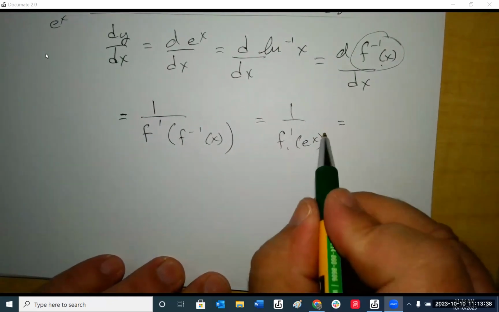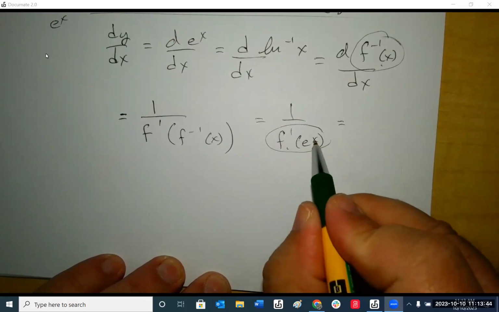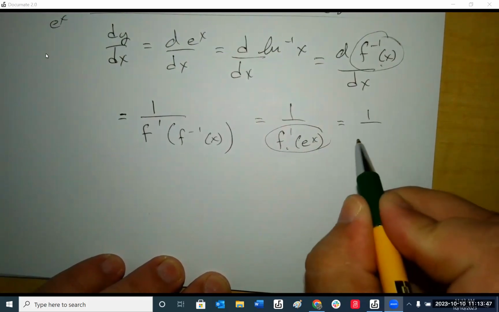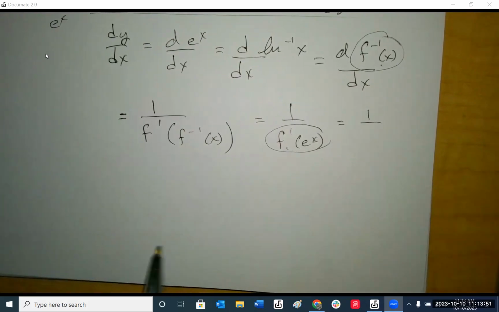Then if we take the derivative of this, it'll give you a negative exponent. So the derivative of e to the power x is e to the power x.